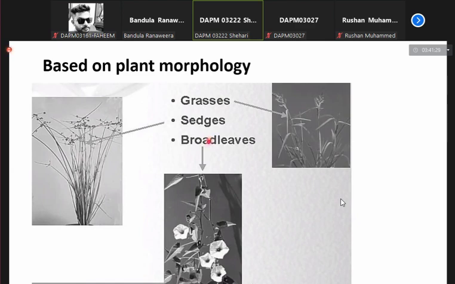So the grasses, sedges and broadleaves. Those are the three categories based on plant morphology.